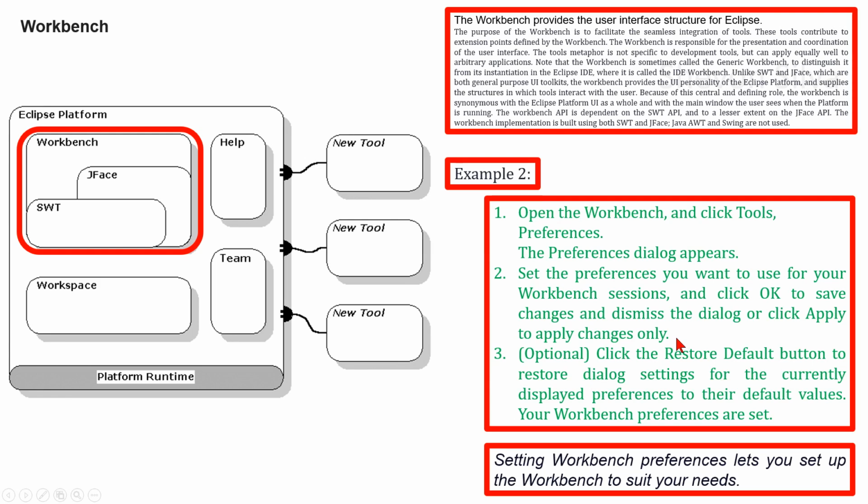Set the preferences you want to use for your workbench sessions, and click OK to save changes and dismiss the dialog, or click Apply to apply changes only. Step 3, optional. Click the Restore Default button to restore dialog settings for the currently displayed preferences to their default values. Your workbench preferences are set.